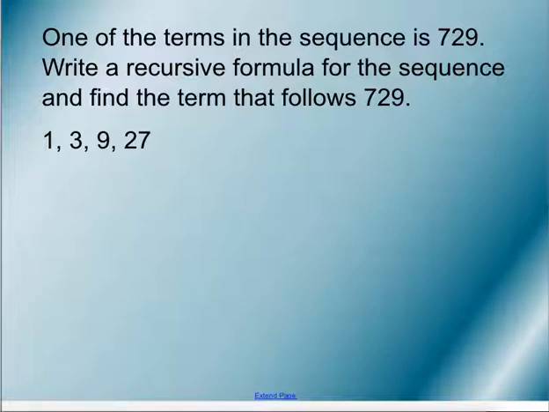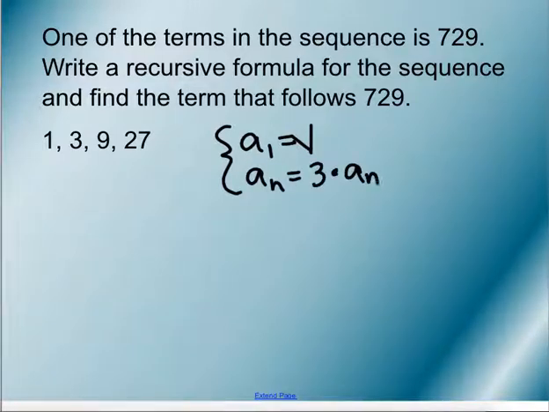One of the terms in the sequence is 729. Write a recursive formula for the sequence and find the term that follows 729. Well, if we look at our pattern, we go 1 to 3, 3 to 9, 9 to 27. We are multiplying by 3, which means we can write my recursive formula, a sub 1 equals 1 in this case, and then a sub n equals 3 times a sub n minus 1, meaning if we have a previous term, we're going to multiply by 3 to get the next one.